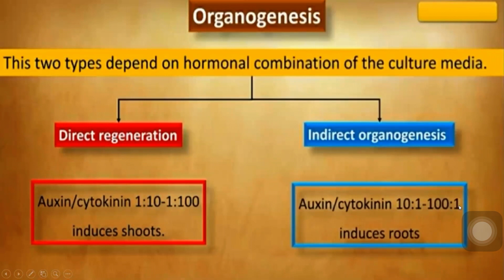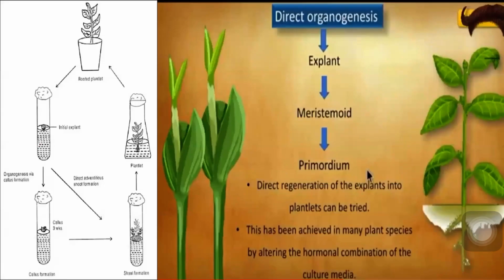Now, as I said, we have two different types of organogenesis. We can go for direct organogenesis or indirect organogenesis. As you can see here, we have both. It's a simple diagram where we will be able to understand how direct and indirect organogenesis takes place.